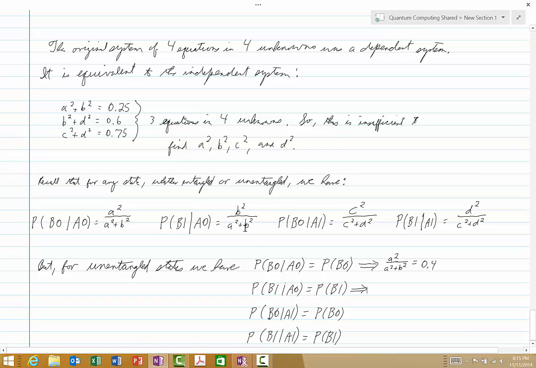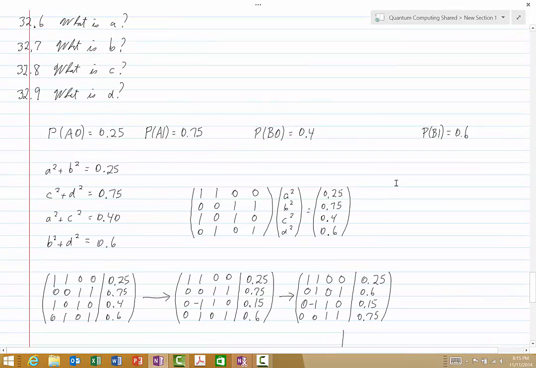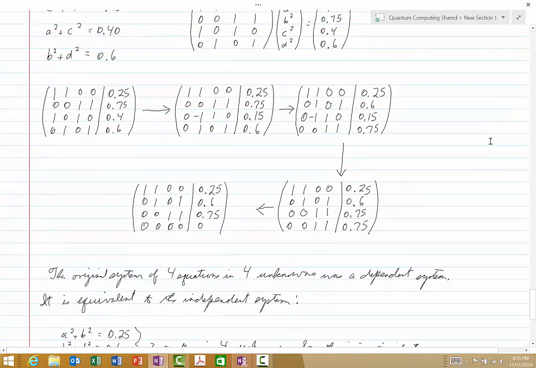I'll go ahead and put it down. So P of B1 given A0 is B squared over A squared plus B squared. And that's P of B1, and P of B1 is 0.6.